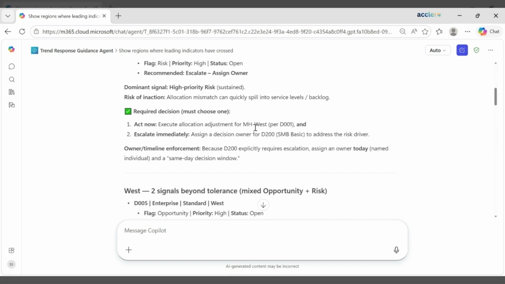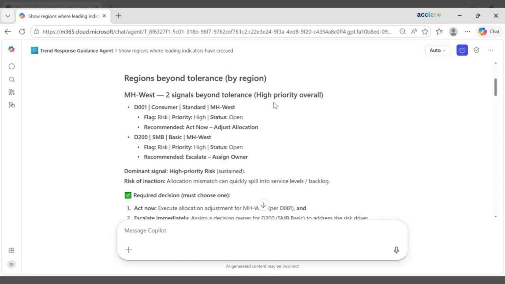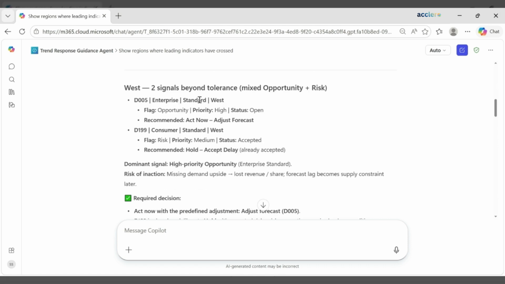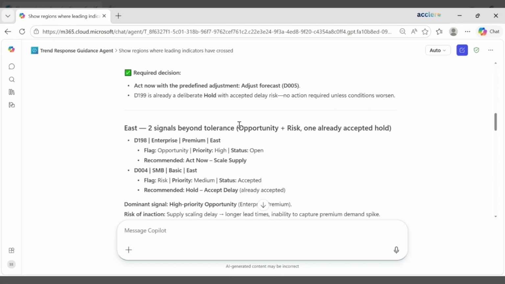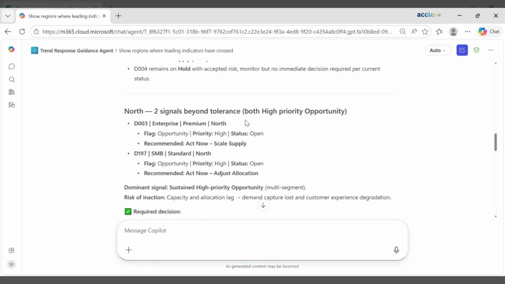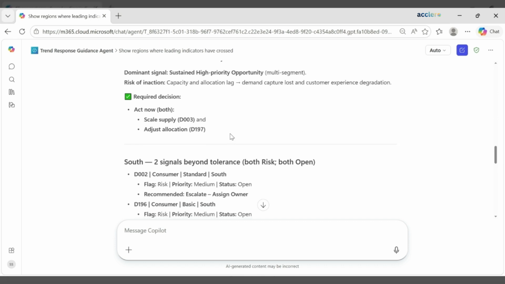So MH West is high priority with risk, then West is medium priority with opportunity, East has mixed signals, opportunity plus risk, and North is high priority with opportunity.